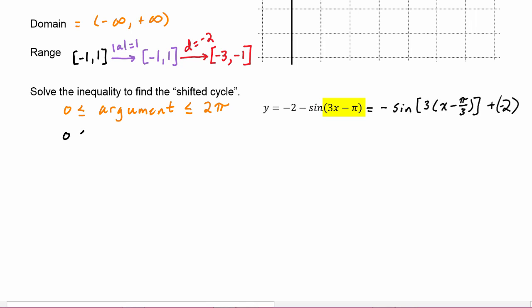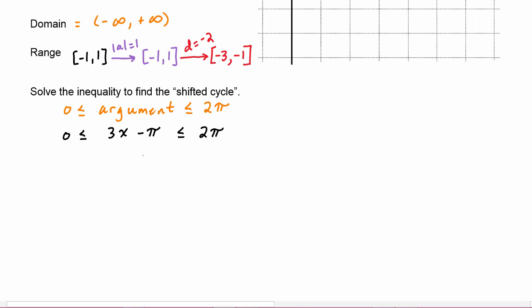So we'll put 0 is less than or equal to 3x minus pi is less than or equal to 2 pi. So we'll need to add pi to all three pieces. Our inequality becomes pi is less than or equal to 3x is less than or equal to 3 pi.